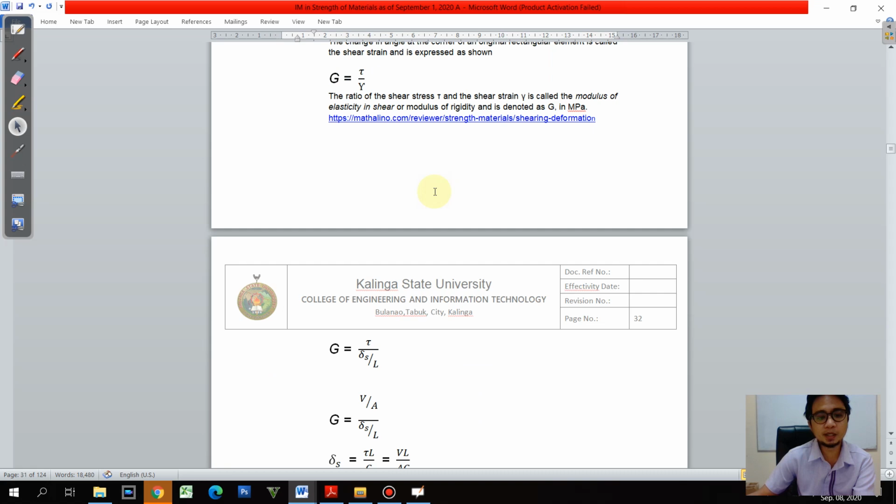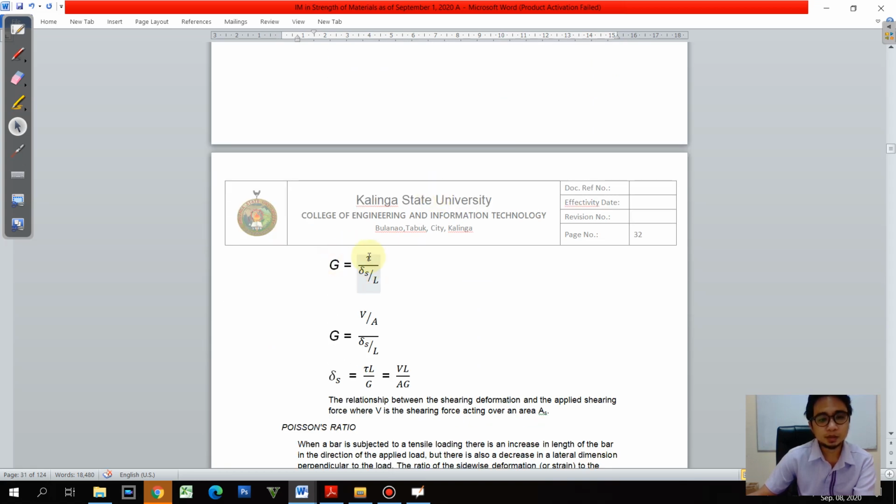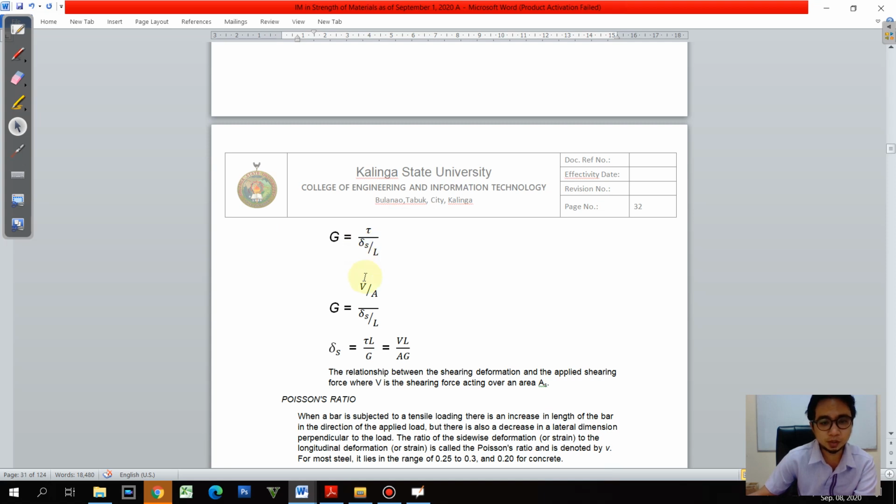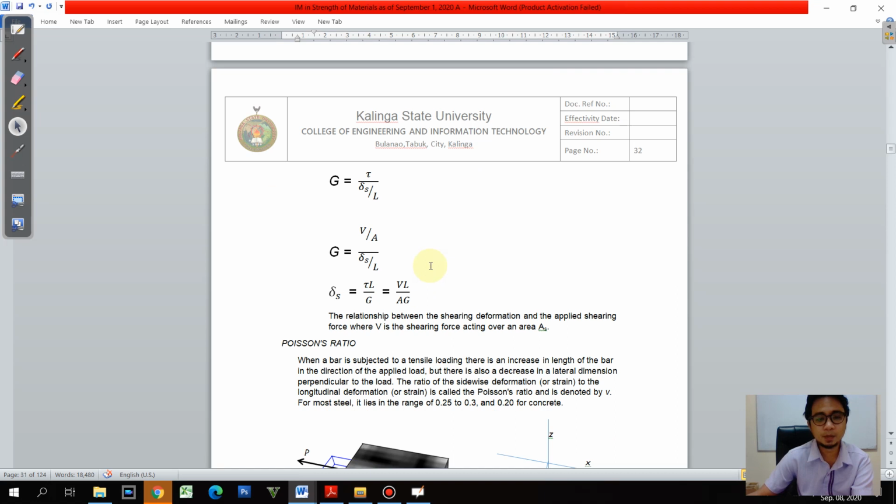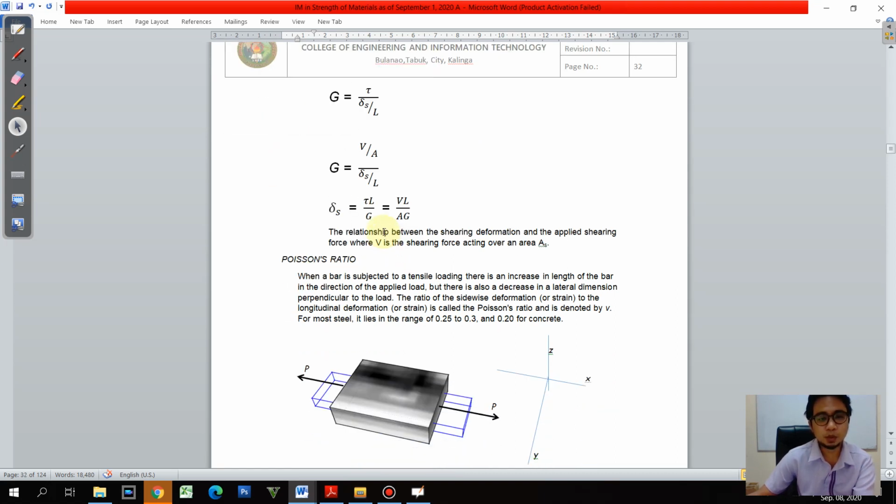Okay, so expanding further the formula here, we have to substitute V over A for tau, or the shear force all over area, all over the shear strain, which is expressed as delta S, or the shearing deformation all over L. And then by manipulation we will have an equation equivalent to the deformation under shearing, which is VL all over AG, or V over A here could be replaced into tau times L over G. So parang ano din yan, PL over AE.